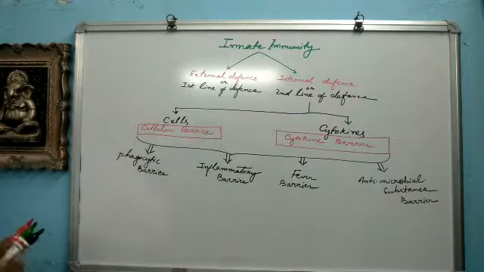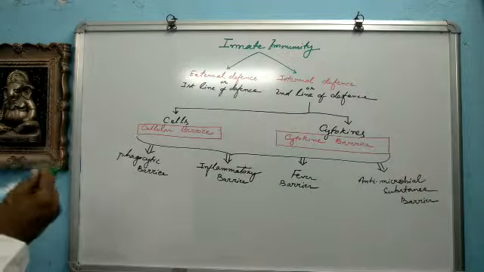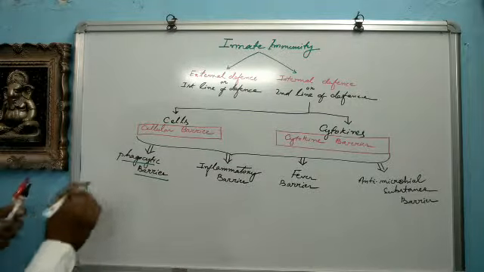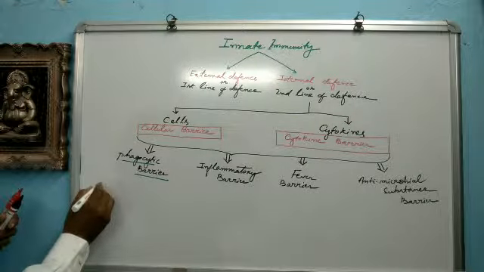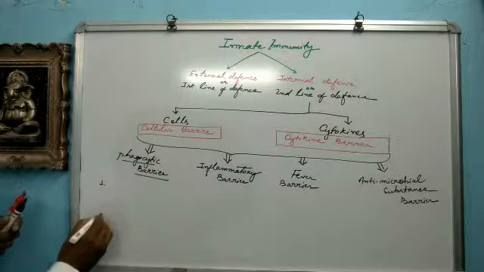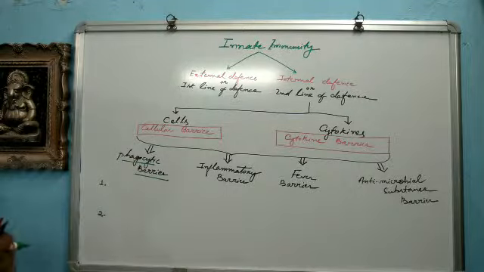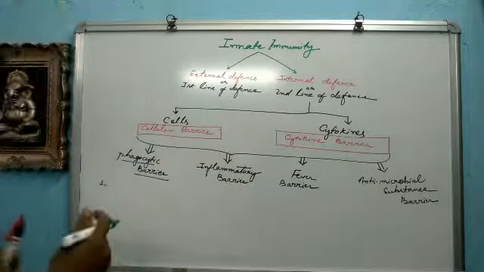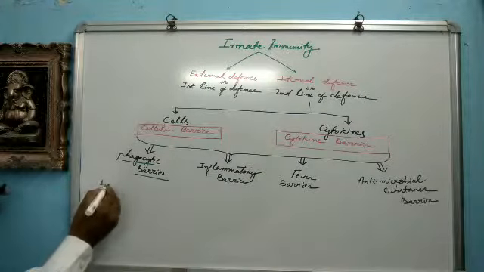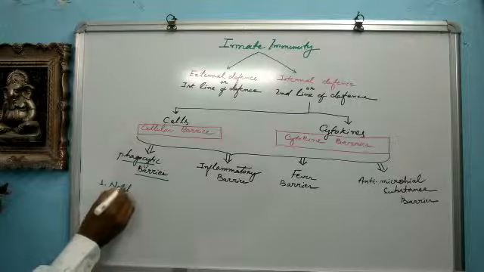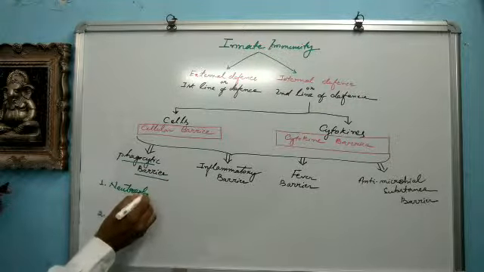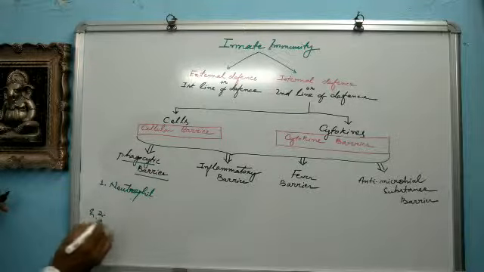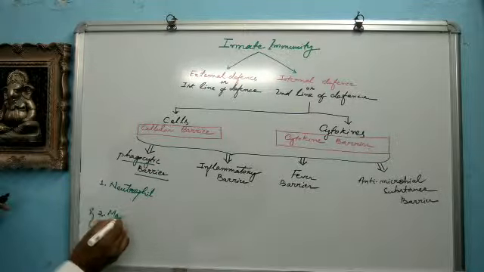The phagocytic barrier is formed by the presence of two types of cells. One is the granular neutrophil, and the second is the macrophage.